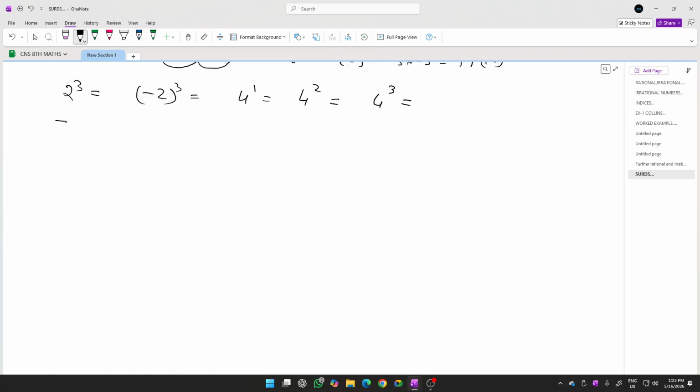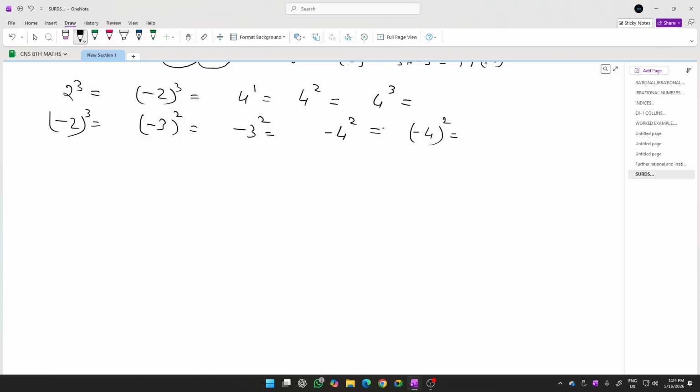Minus 2 whole raised to 3 will be how much? Minus 3 whole raised to 2 will be how much? Minus 3 raised to 2 will be how much? Minus 4 raised to 2 will be how much?